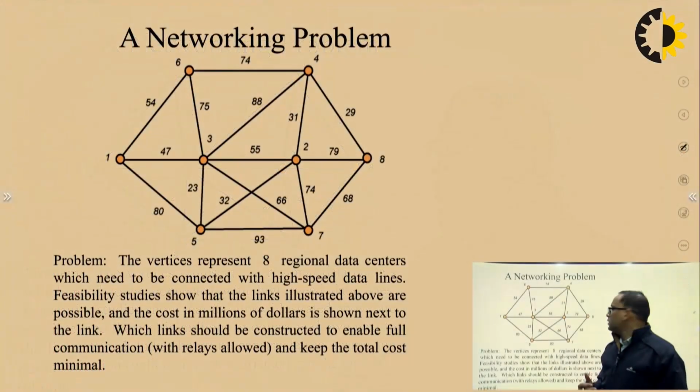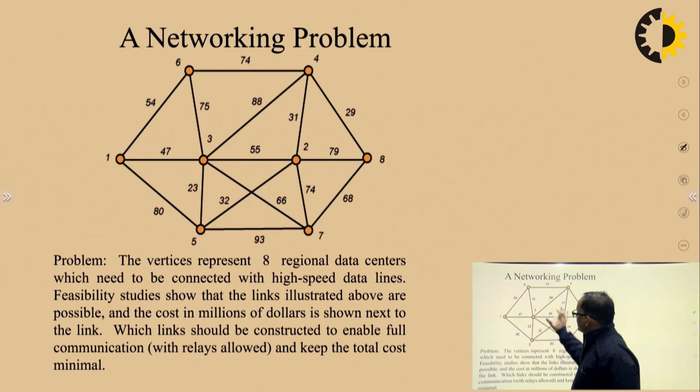To understand the concept of minimum spanning tree, at first we need to understand the situation or problem in which the concept of minimum spanning tree exists. In case of minimum spanning tree, suppose a weighted graph is given. For example, this is a weighted graph, or we can also relate it with a networking problem.